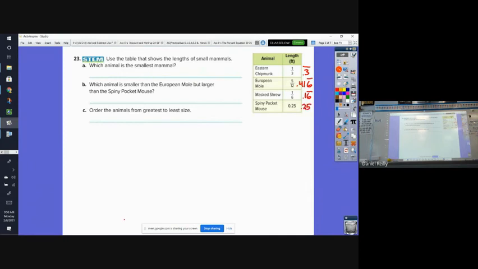Which animal is the smallest? In the tenths place, it's the masked shrew. Which animal is smaller than the mole but larger than the spiny pocket mouse? Bigger than 0.25, smaller than 0.416 would be the eastern chipmunk.